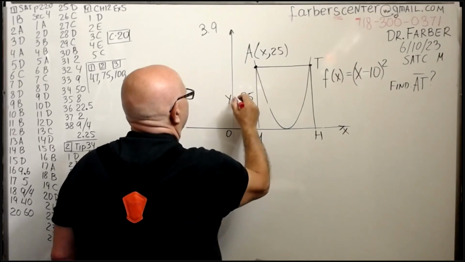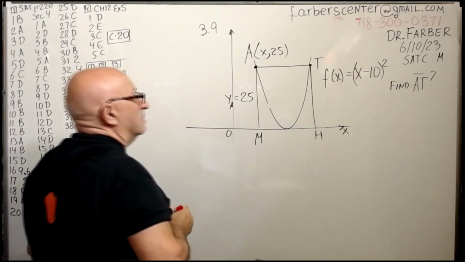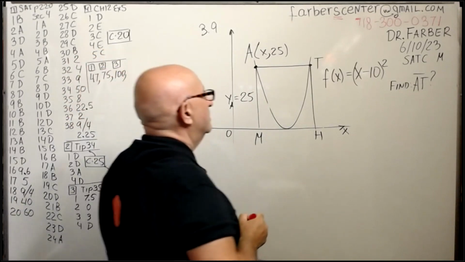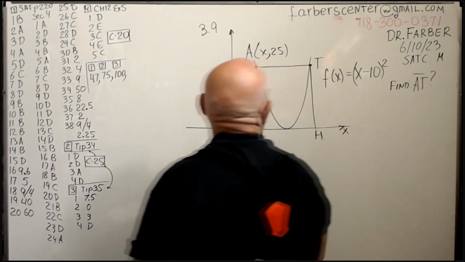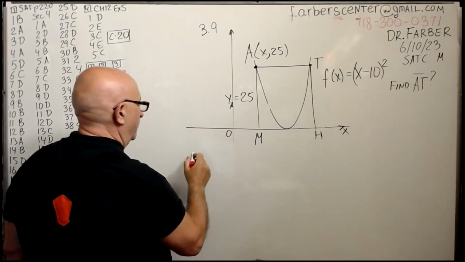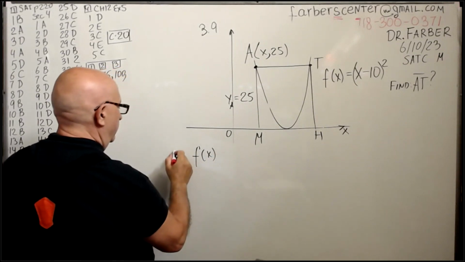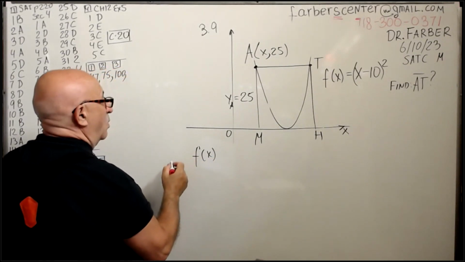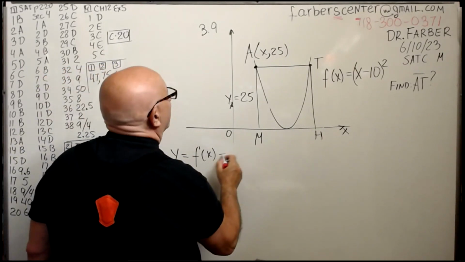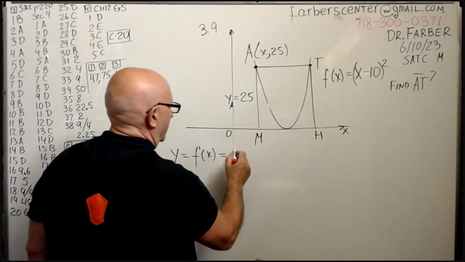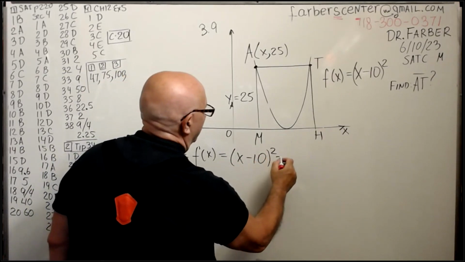This is y of point A. Since that, I can make it using this equation, f of x. And this is A. This is our y. Okay, equals x minus 10 to the second equals to 25.